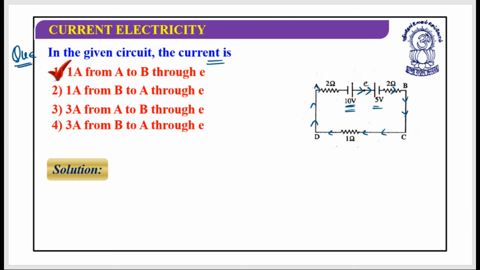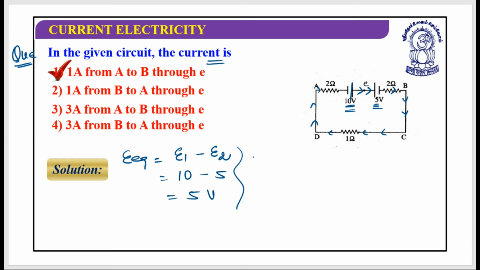As the current passing through both the cells is the same, that means these two cells are connected in series. So what is E equivalent? Now let's look here. The positive terminal of this battery has been connected with the positive terminal of the second battery. So this is the case of E1 minus E2. So it would be 10 minus 5, which is equal to 5 volt.